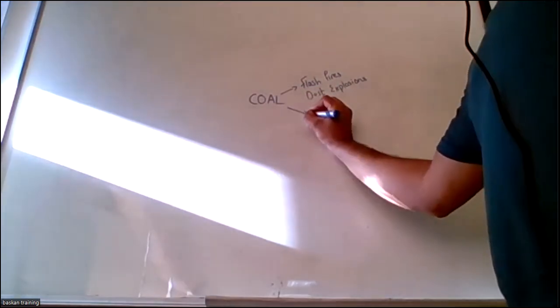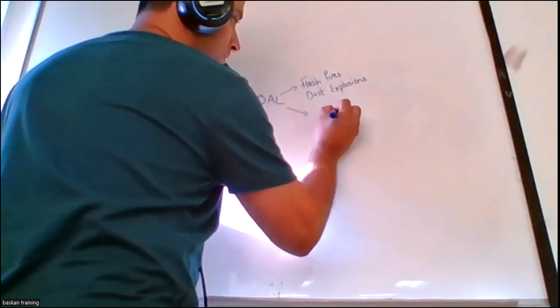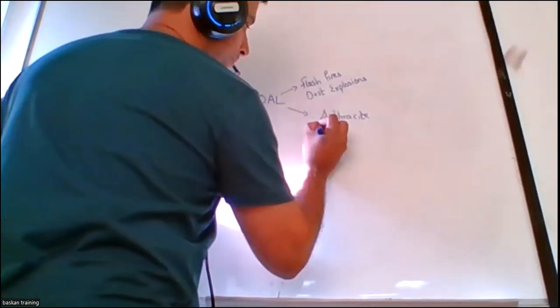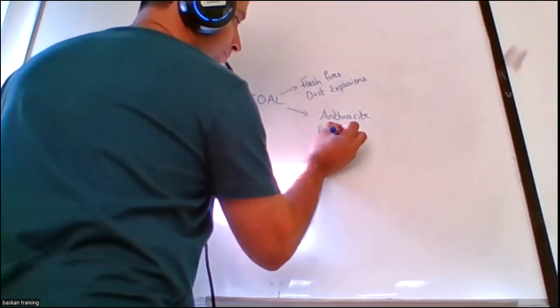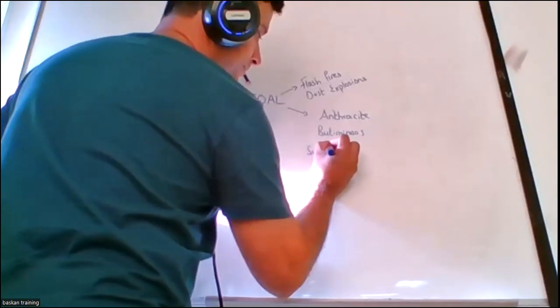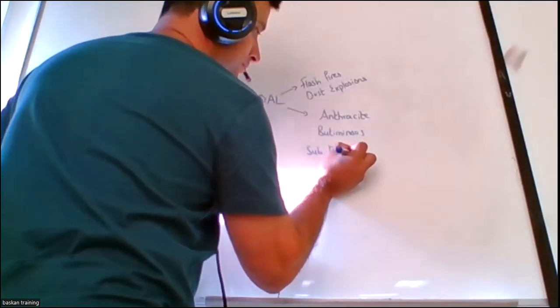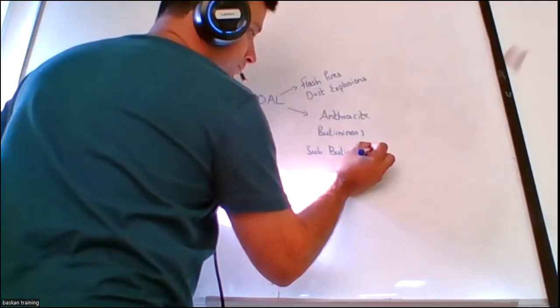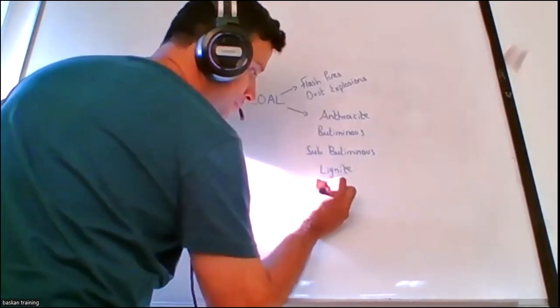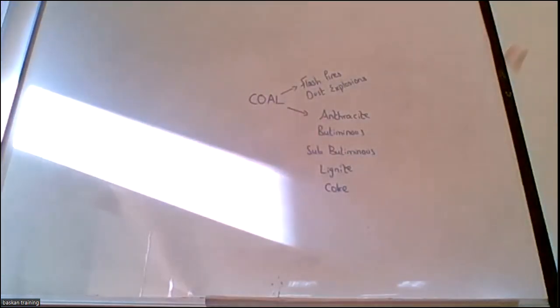So coal types start from anthracite, bituminous, subbituminous, lignite, coke. So we have all these types of coal available to us.